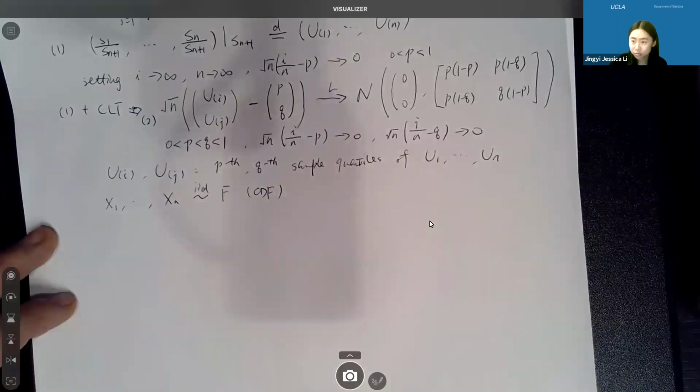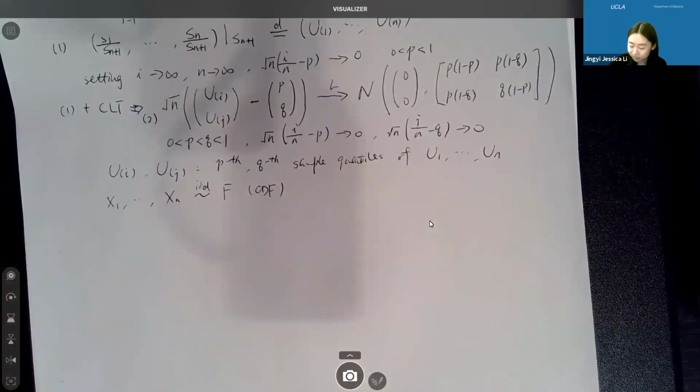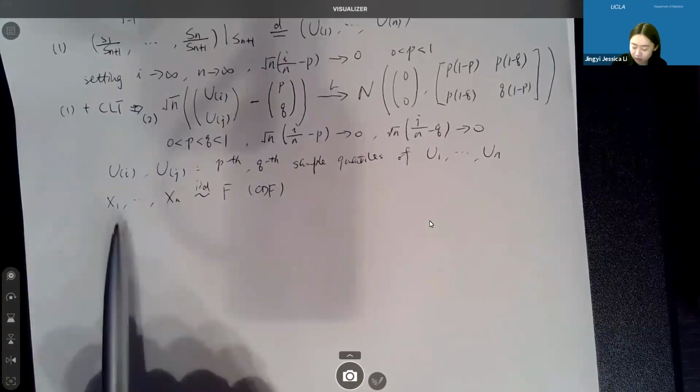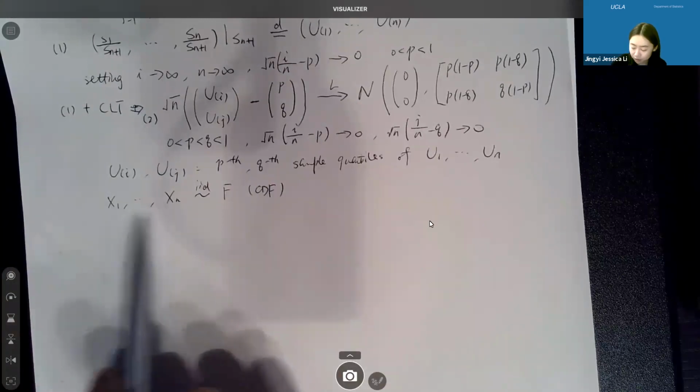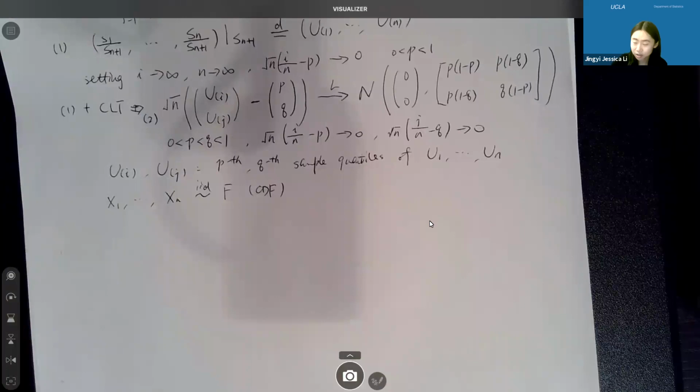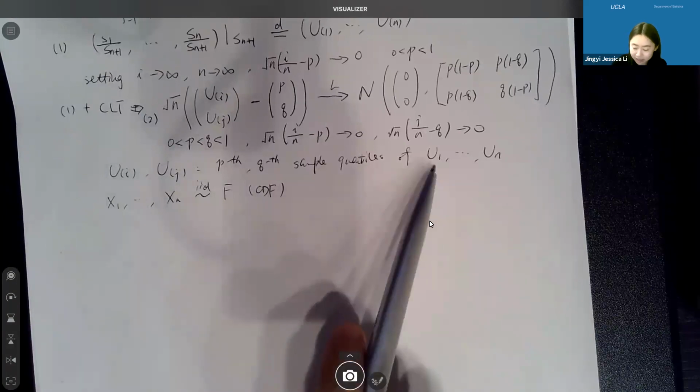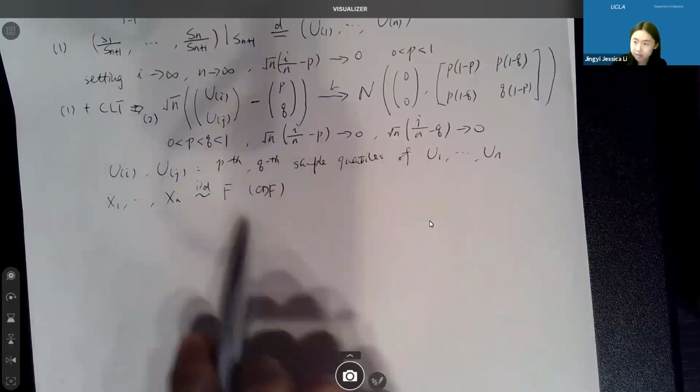And then what we can say is that for the sample quantile of this sample, we link it to the corresponding quantile in the uniform sample, based on the inverse of the CDF.